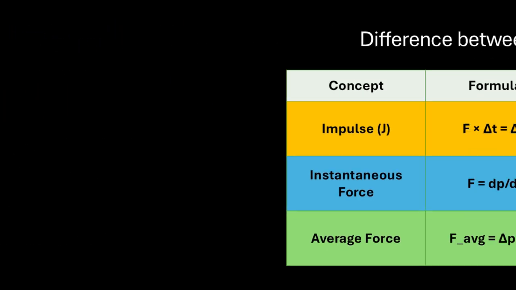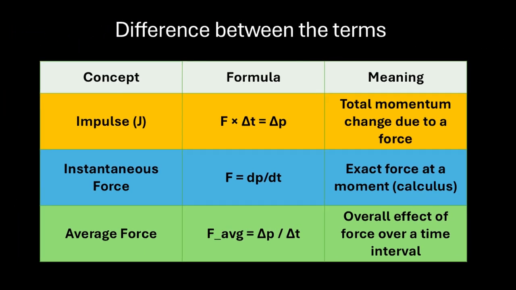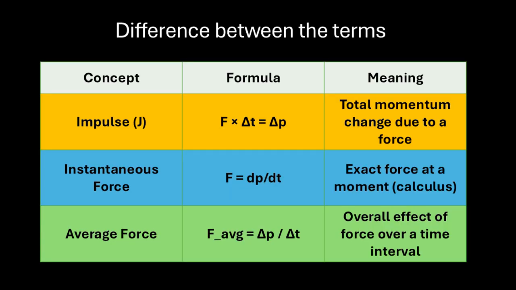Okay. So we have to understand the distinction between these three terms: impulse, instantaneous force, and average force. The total momentum change due to a force is equal to the force times the very small interval of time.